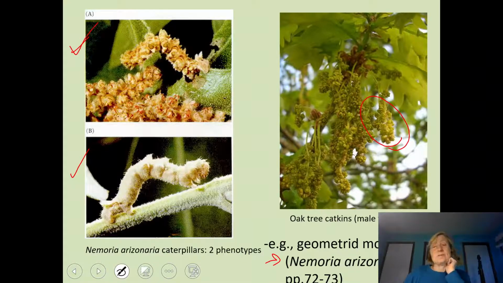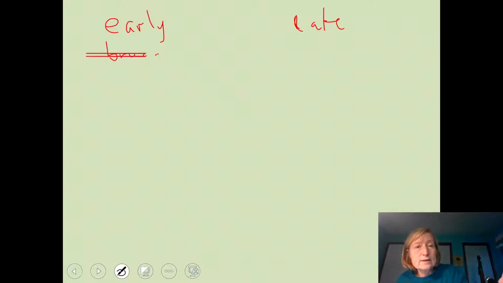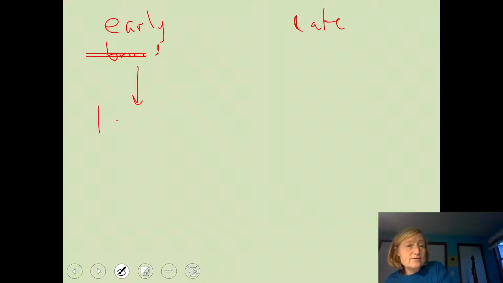It turns out that geometrid moth females lay two broods of eggs every year. They lay an early brood, early spring, early summer, and they lay a late summer brood. And this early brood hatches, and after it hatches, the larvae begin to feed.